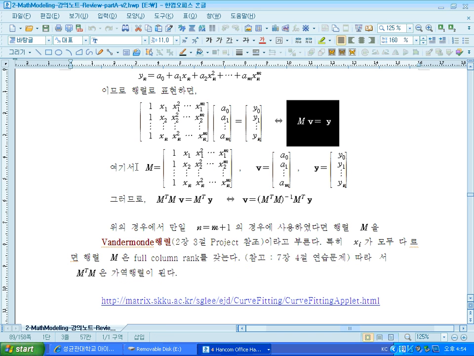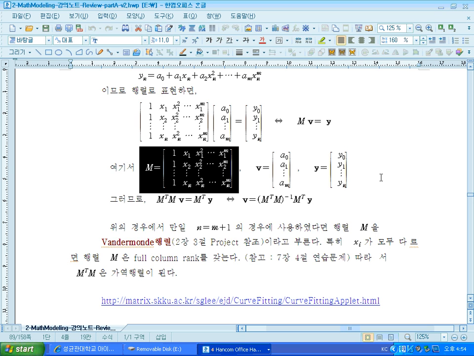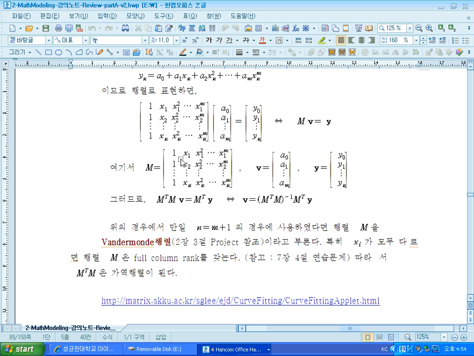Here this is the matrix M, whose size is n by m plus 1, isn't it? Here, 0, 1, 2, up to m. So it has m plus 1 columns, and it has n rows. The important thing is, suppose the xi's are all distinct.